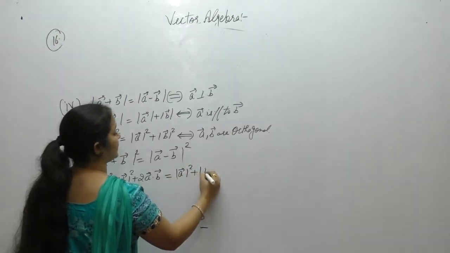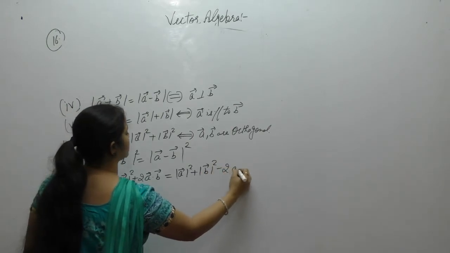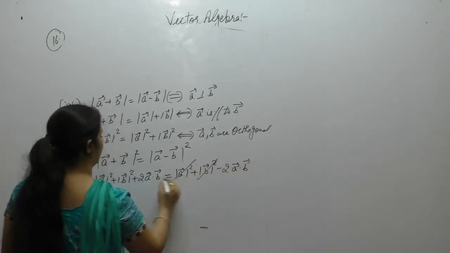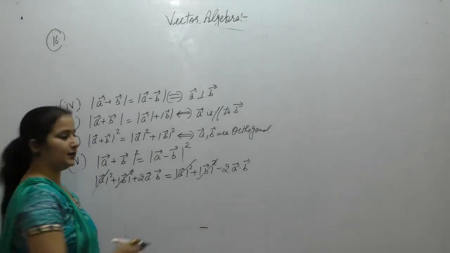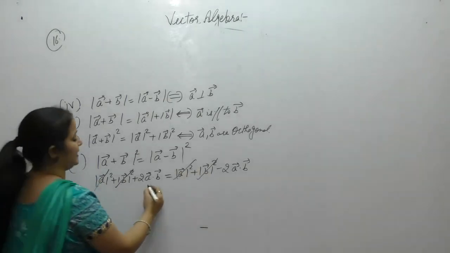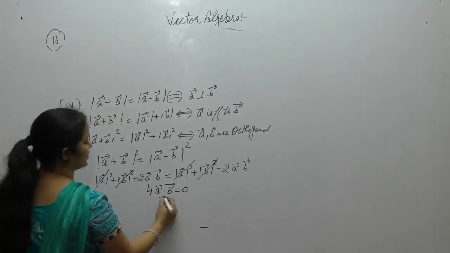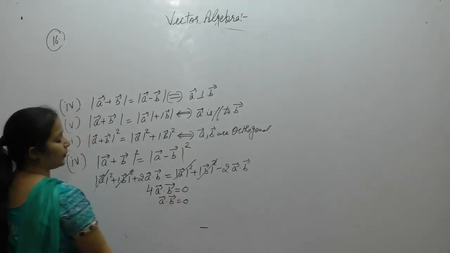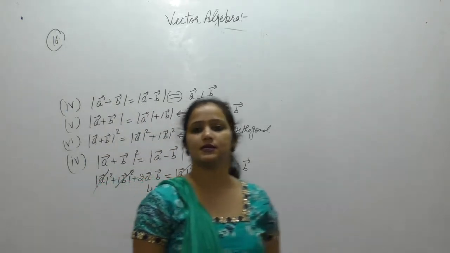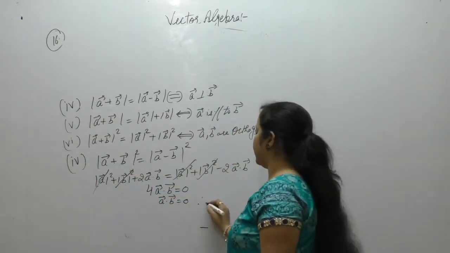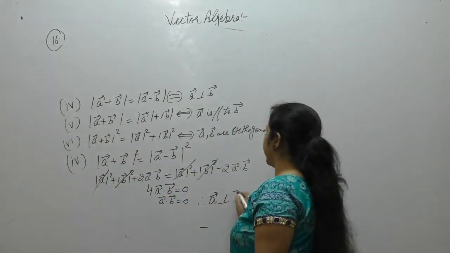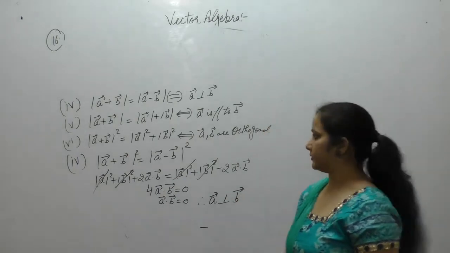Modulus of A square plus modulus of B square minus 2A dot B. A square and B square will get cancelled when it goes on the left hand side, so it becomes 4 times A dot B equals 0. If the dot product of two vectors is 0, then we know that A vector is perpendicular to B vector.